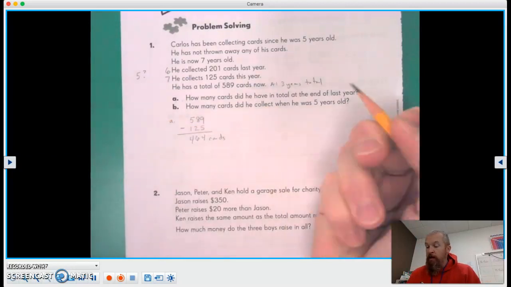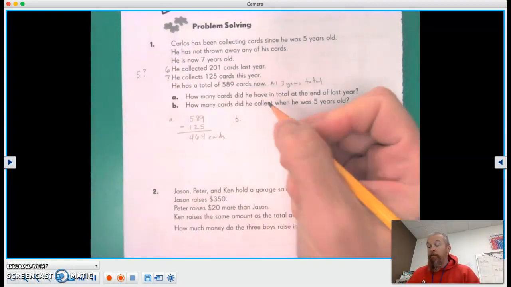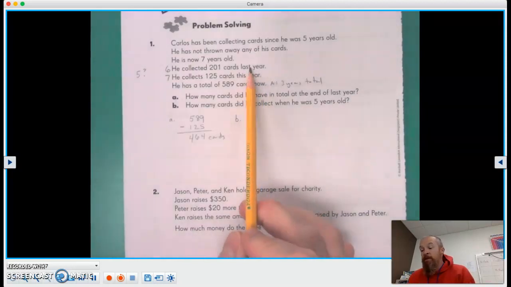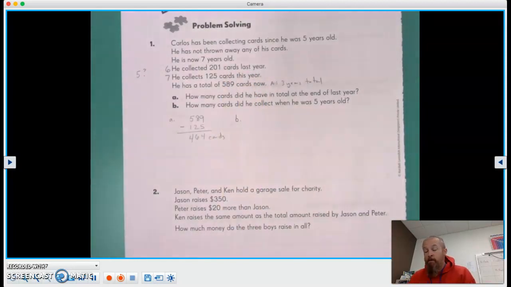So here's question A. B says, how many cards did he collect when he was 5 years old? Well, to do this one, we can now take that answer, the 464, and take away the cards he also got last year.